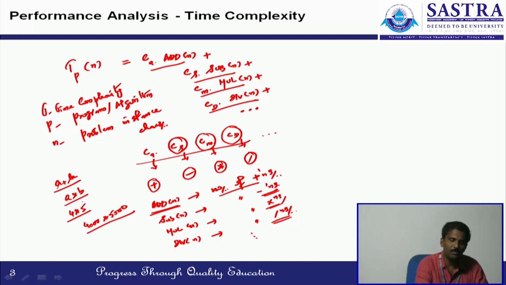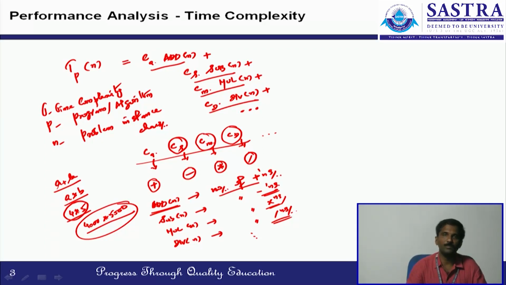So, the time needed to find the expression 4 into 5 is not equal to the time needed to find the expression 4000 into 5000. So, in this stage the formula computation is not an efficient methodology. So, we need to ignore this kind of formula computation to find out the time complexity of the given algorithm.